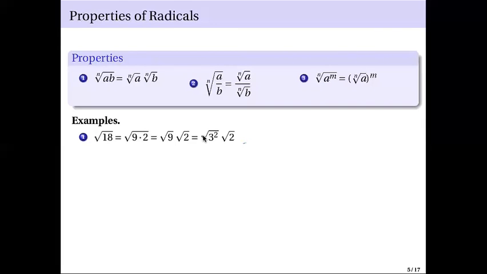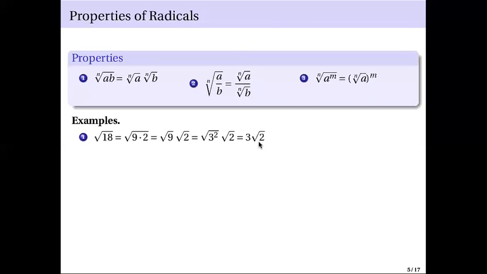So index is equal to 2, power is equal to 2. They just cancel each other's work. Which means this can simply be written as 3, while square root of 2 remains as is. So you have 3 square root of 2.